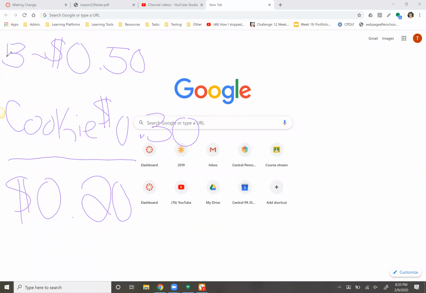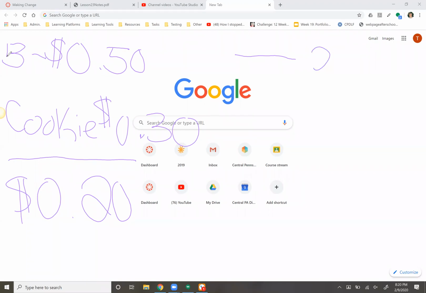Now that we know that Brian paid 50 cents for a 30-cent cookie and is getting 20 cents back, what combination of coins might have been used here? So, for 50 cents, what can we add together to get 50 cents?